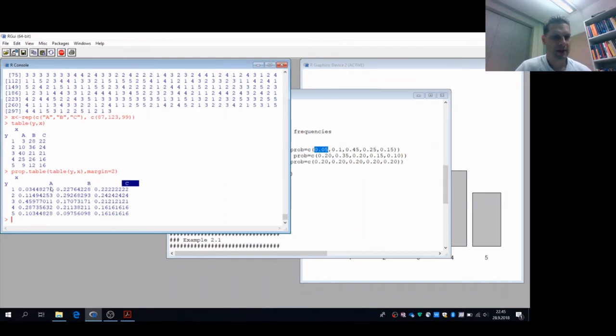We can already see that they are not similar, because based on these conditional relative frequencies, we would estimate that in subpopulation B, y is getting values like 1 and 2 with much higher probability than in subpopulation A.